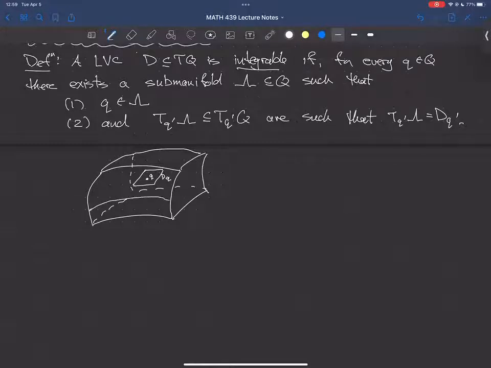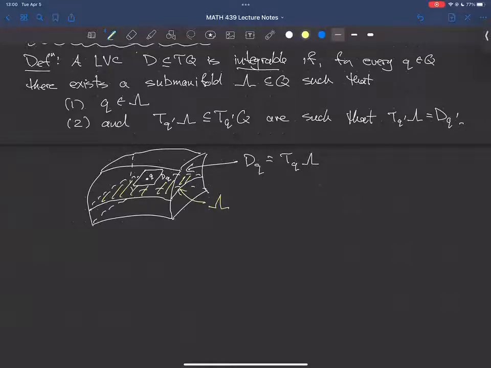That's going to be like some slice of Q, like so, and DQ is equal to the tangent space here. So this in yellow is lambda.